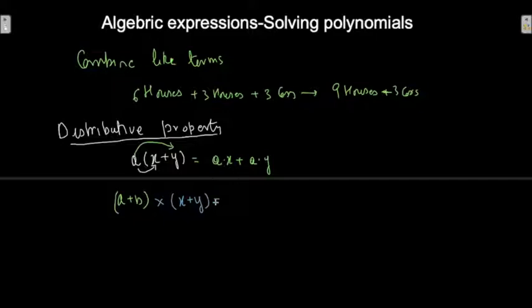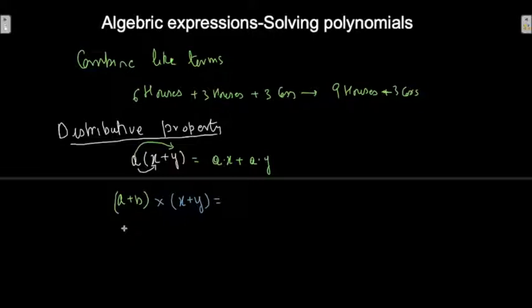Understand that the term in the parentheses, we consider as one term. So for us this is one term initially and this is one term. When we open this bracket, because x and y are not getting added, this gets multiplied with this and then this gets multiplied with this. I'll first take an example which we have already done in previous classes and then I'll come back and solve this for you.